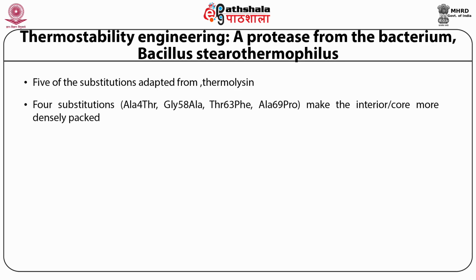So there were 4 substitutions: alanine 4 to threonine, glycine 58 to alanine, threonine 63 to phenylalanine, and alanine 69 was substituted by proline. As we can see, these substitutions make the interior or core of the protein more densely packed and more hydrophobic in nature.